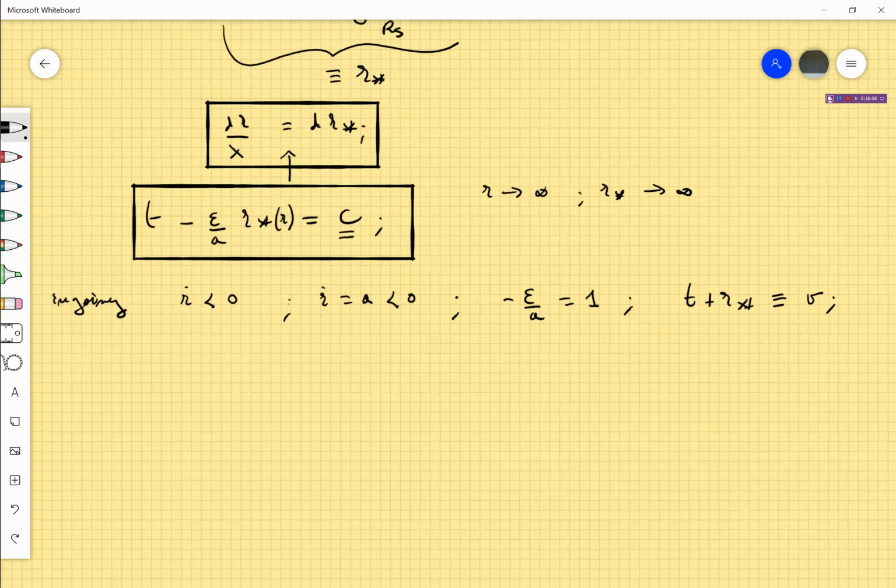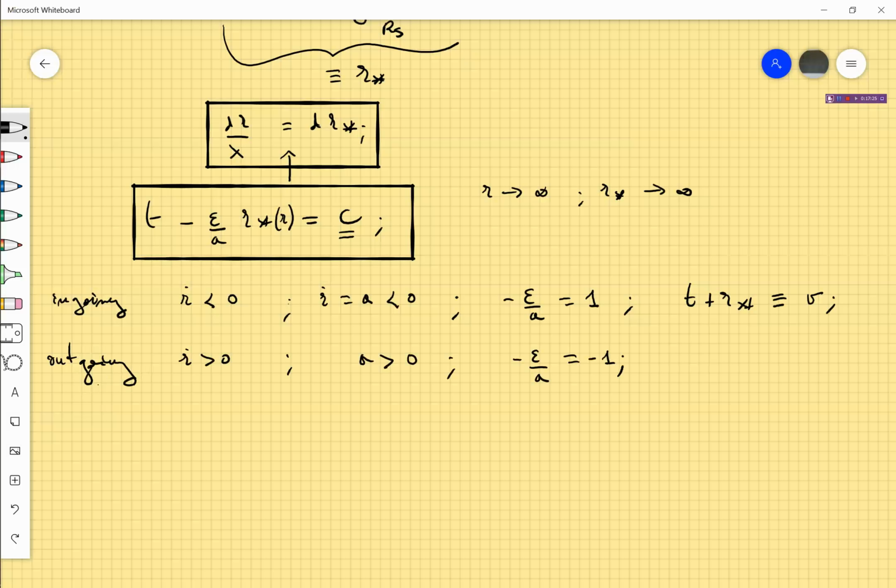Well, I will explain it in a second. Now we have the outgoing. Outgoing are characterized by a positive derivative of r dot, which means that a has to be positive, and in this case what we choose is minus epsilon divided by a equal to minus 1.